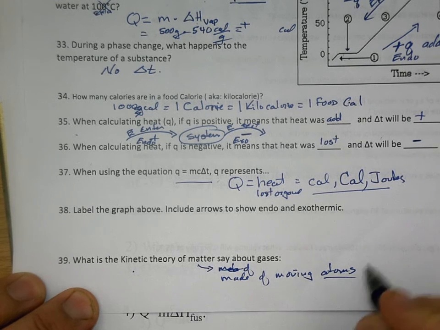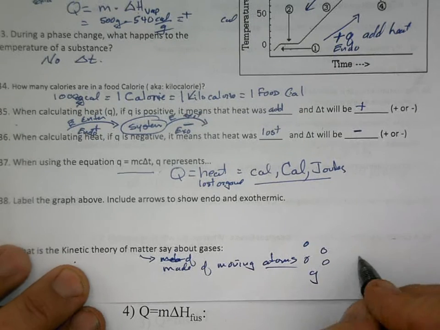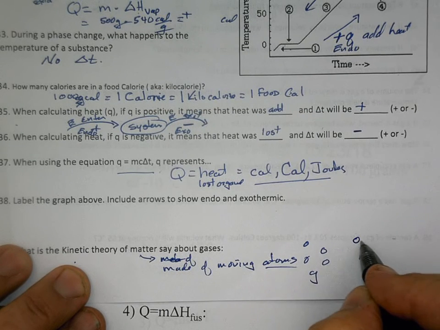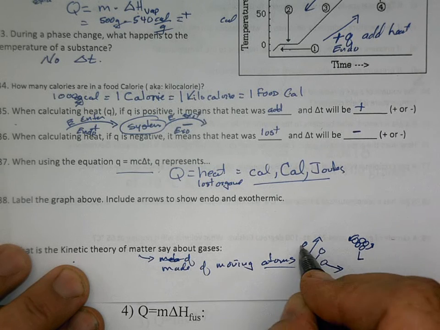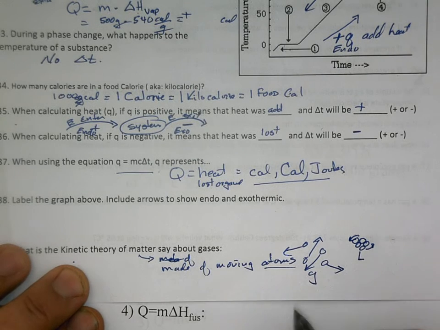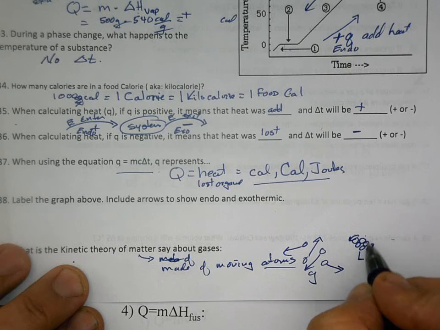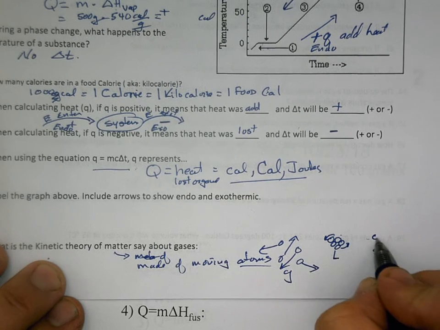When we draw our diagrams for a gas, we show them very far apart. For a liquid, we show them close together, and they can move a little bit. For the gas, we should put large arrows showing that they are moving fast and in straight lines. Liquids move around a little bit. Solids are locked into a pattern.